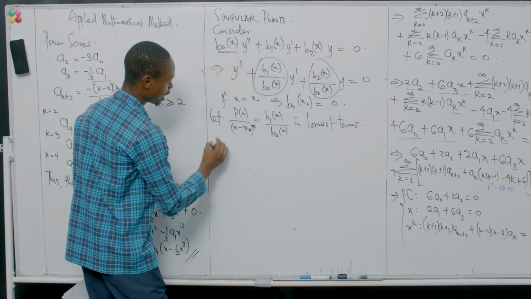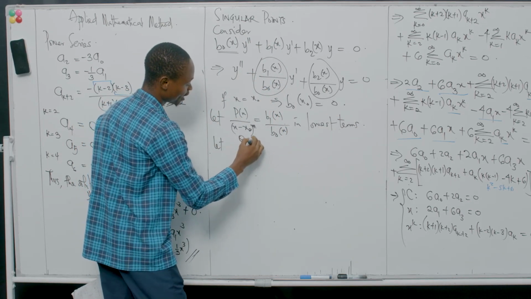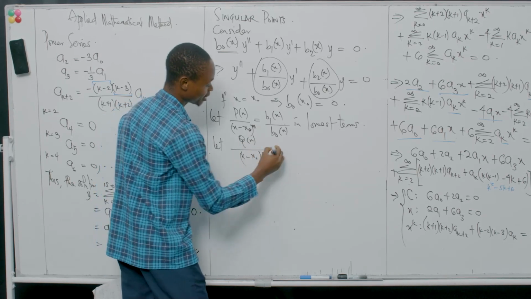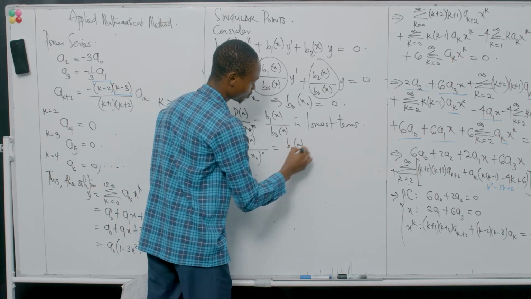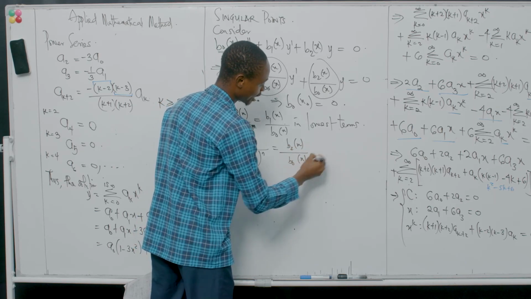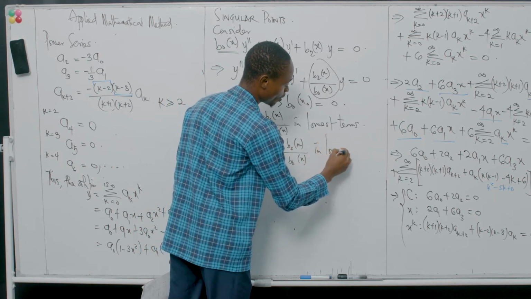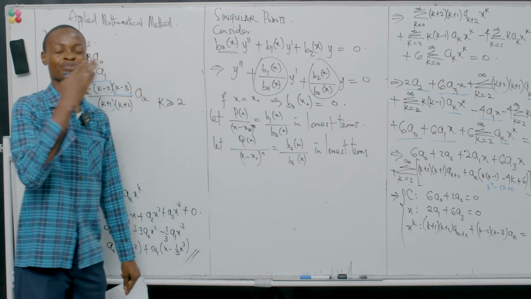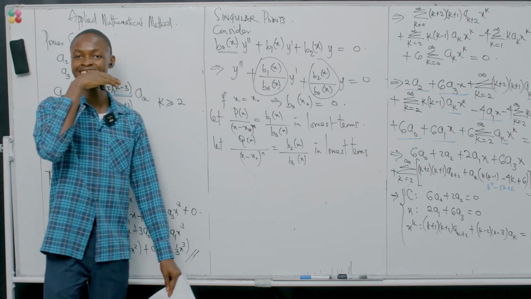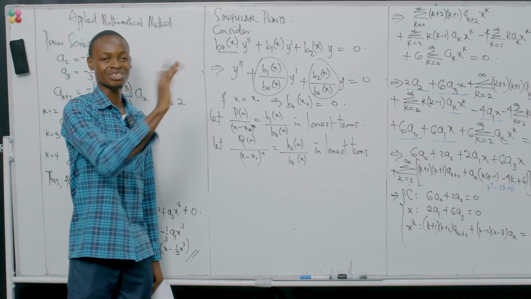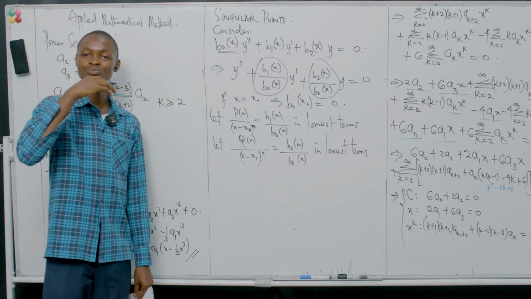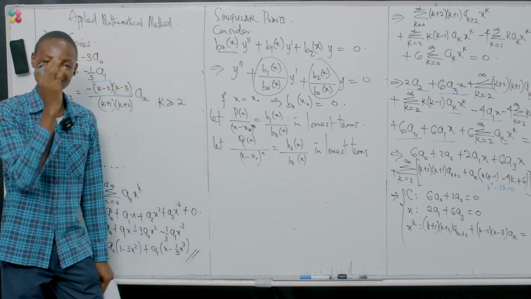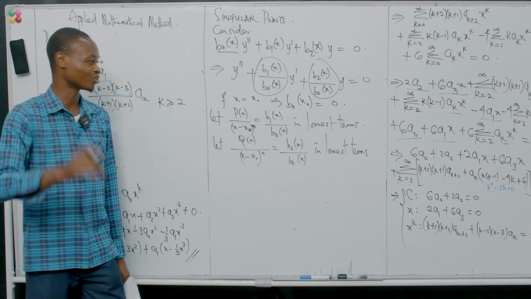Let Q of x over x minus x naught raised to power n be equal to the second fraction, but this time also in lowest terms. That is, you have gotten out the ones that can divide themselves, the ones that you can factorize out, the ones that you can completely remove, and so on. You are left with the basic fraction that you can no longer cut.